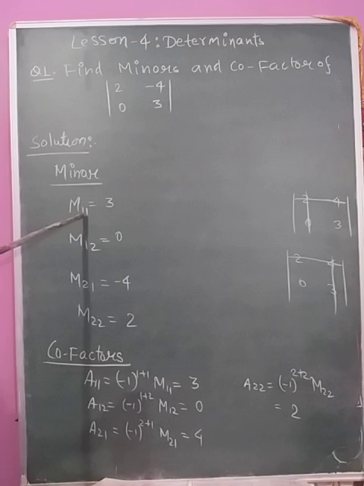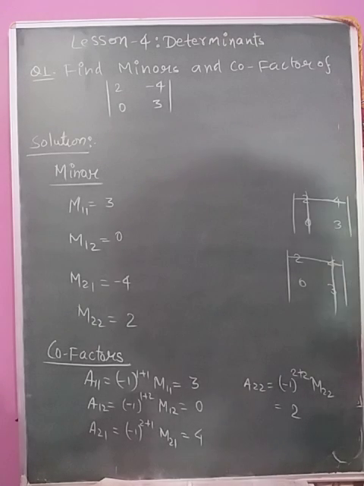So M11 means we delete first row and first column. So we have only 3. So M11 is 3. Similarly, M12 means delete first row and second column.